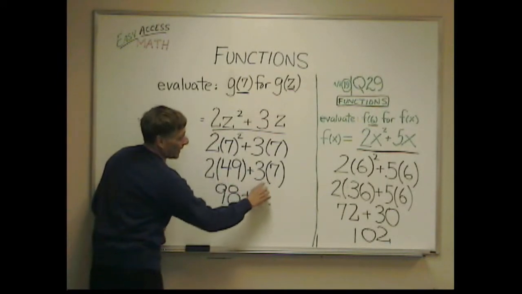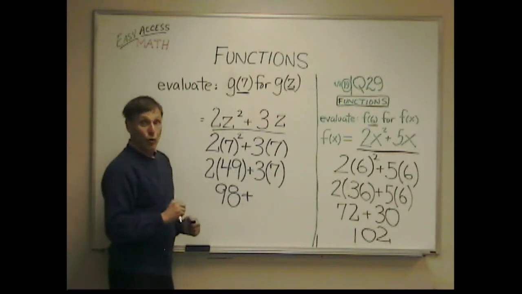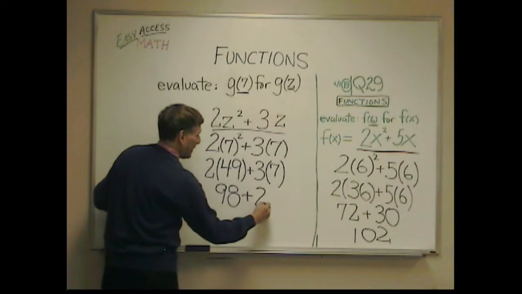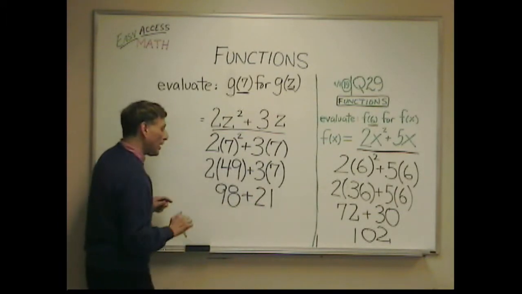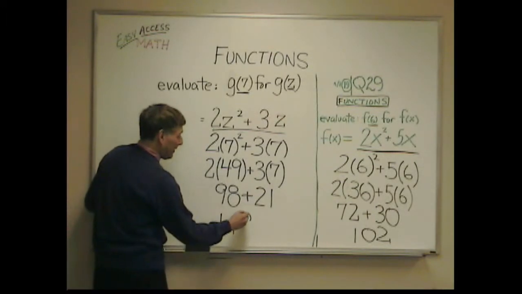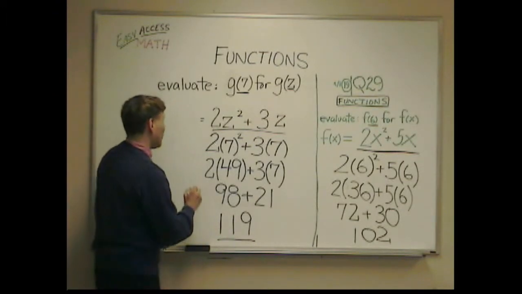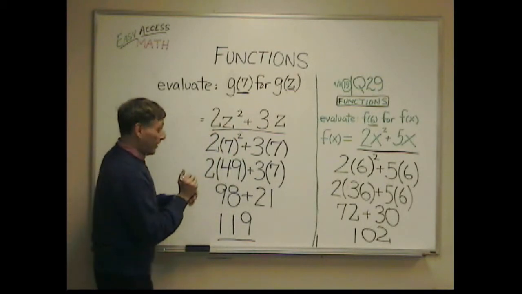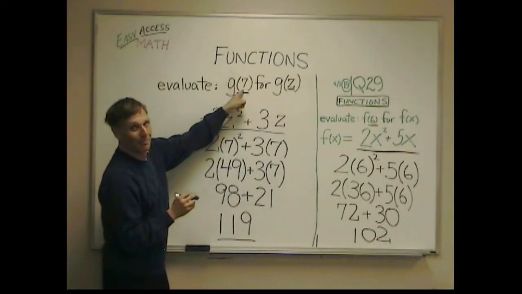And I do multiplication next, all the multiplications according to the rules of order of operations. 21, and 98 plus 21 would be 119. And that is my answer. So it equals 119 when I evaluate it, substituting the number I'm given in the problem.